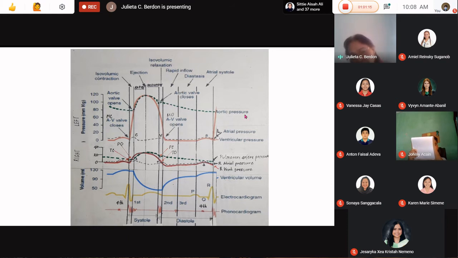Now remember nga ang imong aorta is rich na siya sa elastic tissue, di ba sa histology, nag-study na mo blood vessels sa histo. So ang imong aorta rich in elastic tissue. So inig-eject og blood sa ventricle, mo expand na siya.